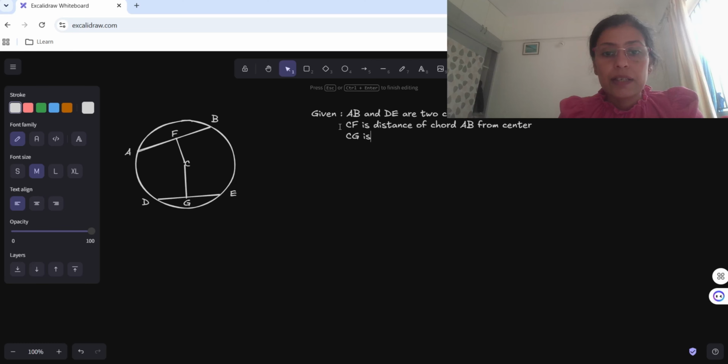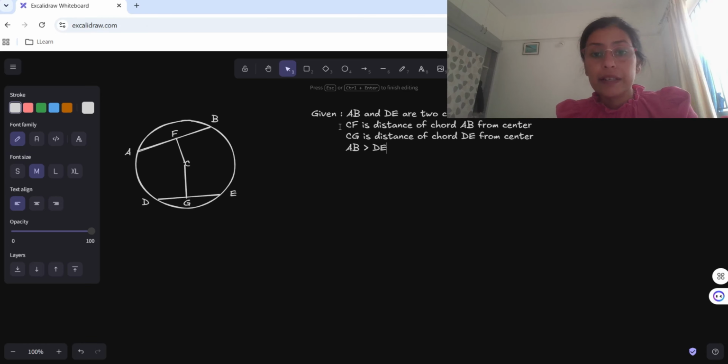CG is the distance of chord DE from the center. We know all these things so far. What else have I told? I have told that the length of AB is greater than the length of DE. This is the next thing that we know.